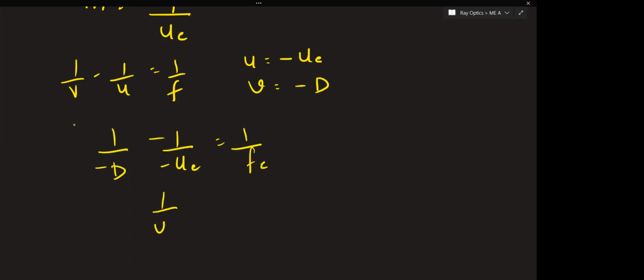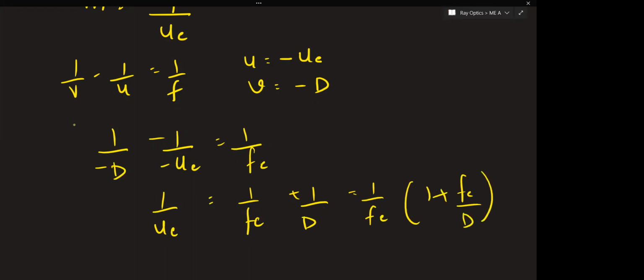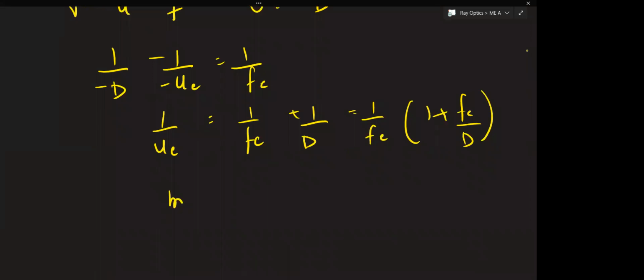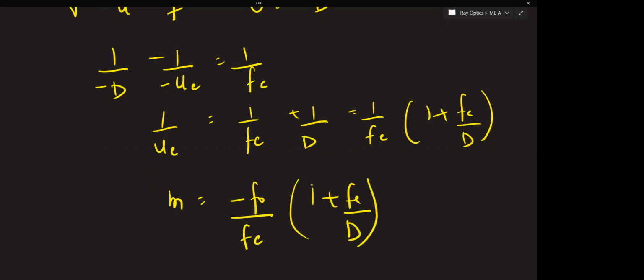So 1 by UE will be equal to 1 by FE plus 1 by capital D, which is 1 by FE times (1 plus FE by D). So the final formula of magnification will be minus F naught by FE times (1 plus FE by D).